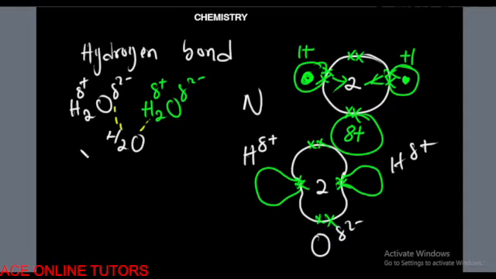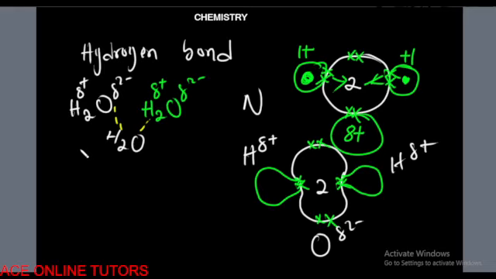That force of attraction between them, due to the partial charges that they possess, is what you call the hydrogen bond. It doesn't happen in water alone. It also happens in other compounds that contain hydrogen and oxygen, hydrogen and nitrogen, hydrogen and fluorine.